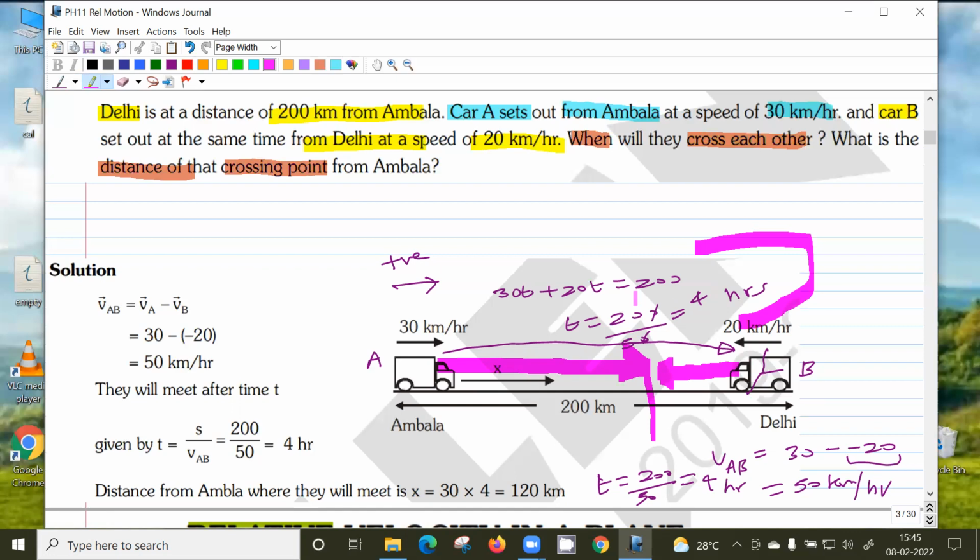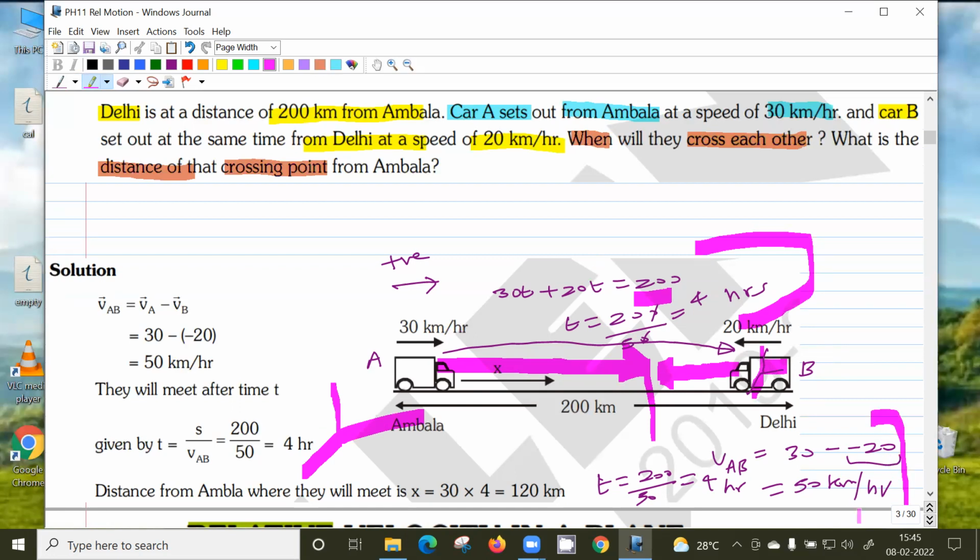That should turn out to be 200. This is with respect to a frame attached to the ground. In the relative velocity concept, I'm using the frame attached to B. In that reference frame, the distance traveled by A is 200 while B is at rest, and the velocity of A with respect to B is 30 minus 20, 50.